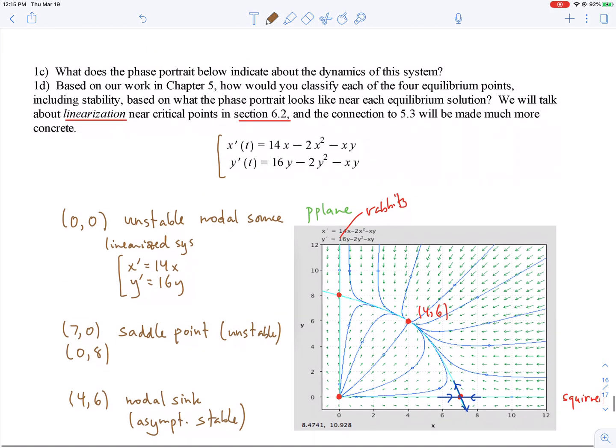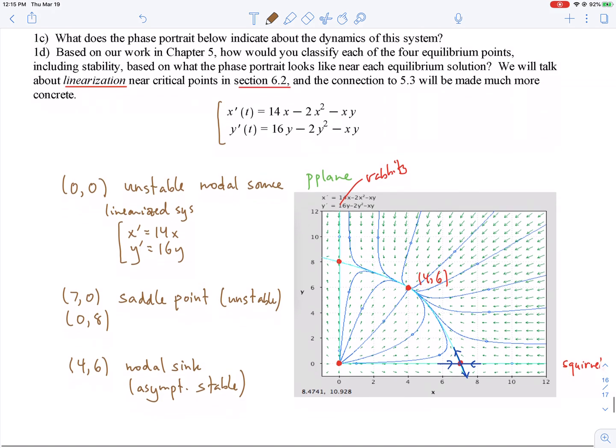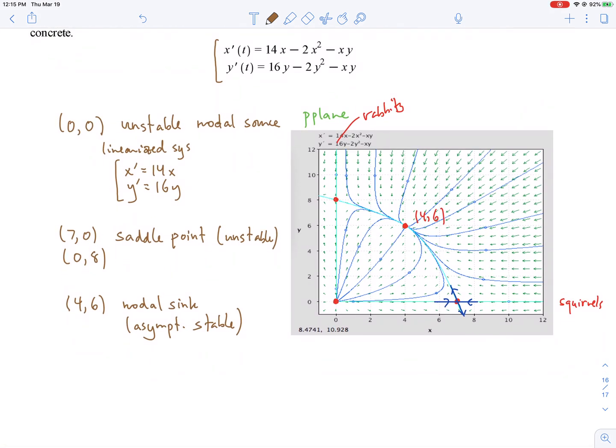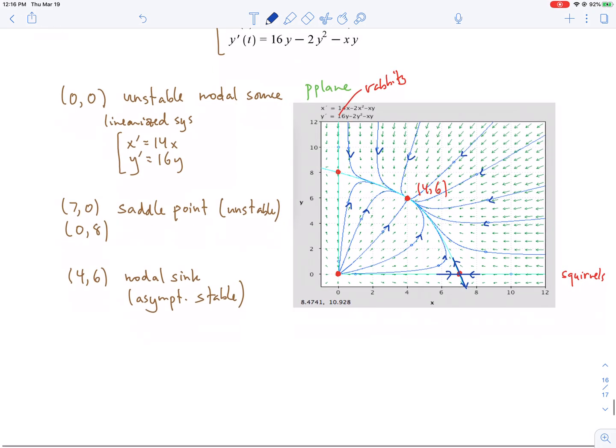This is kind of a cool picture because 4, 6 is more than stable. If you look at all of these solution trajectories in the first quadrant, where x naught and y naught are positive, they all look like they're converging to 4, 6.